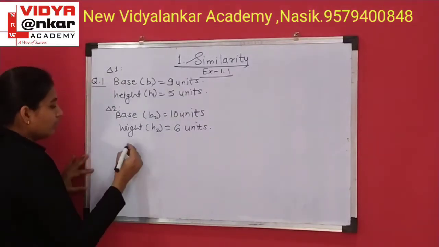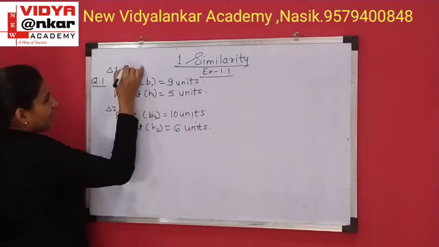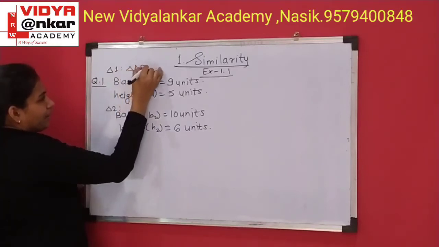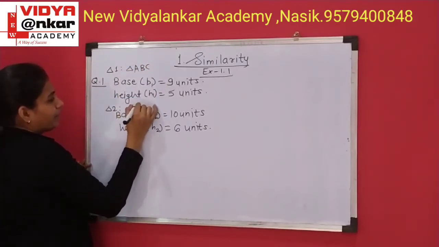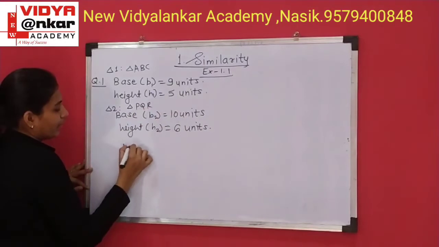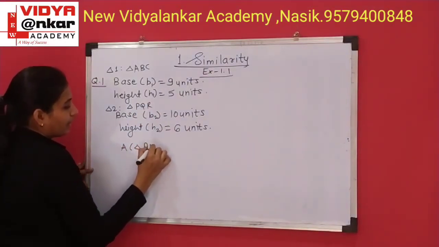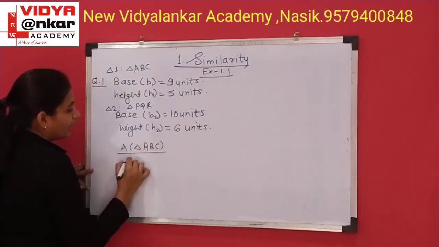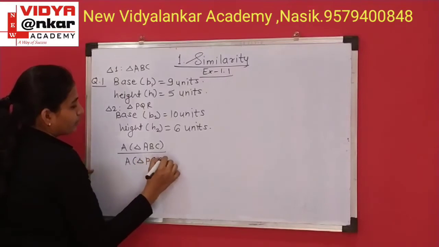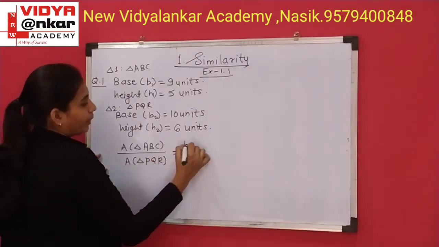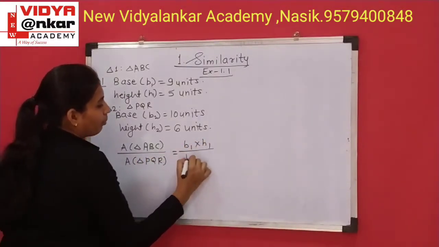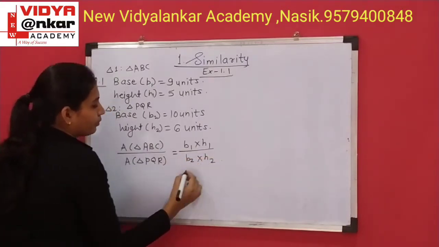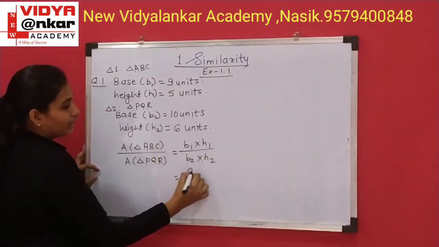So first of all, we will take it as triangle ABC and triangle PQR. So we can write here area of triangle ABC upon area of triangle PQR is equal to base into height upon base into height.